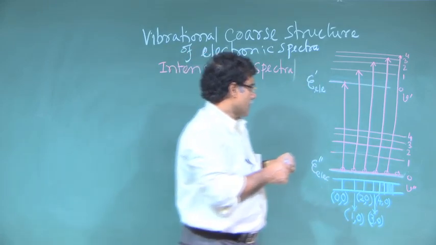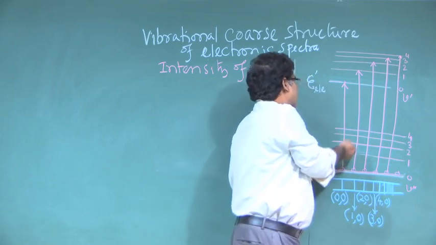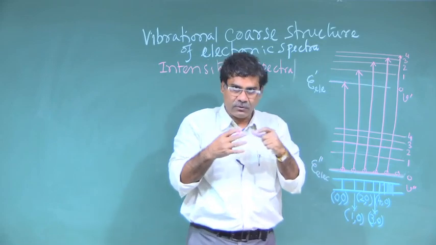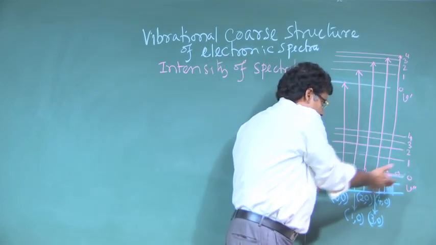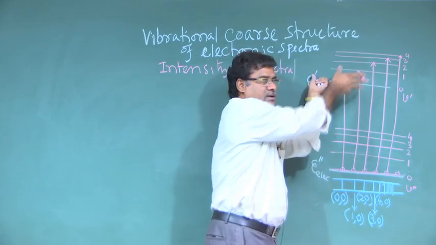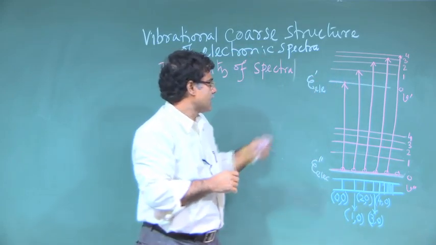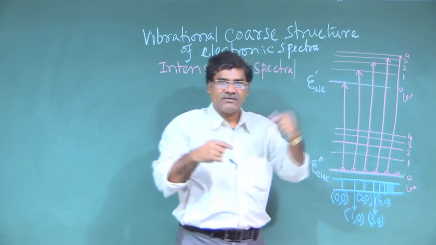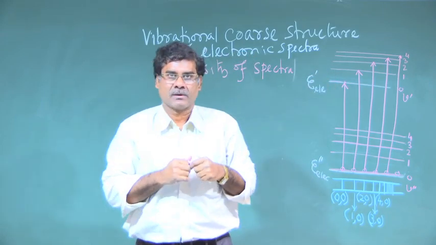Now, when there will be an electronic transition, okay, so the molecule from this electronic state will go to another electronic state, okay. So, then it is in a different situation, right.